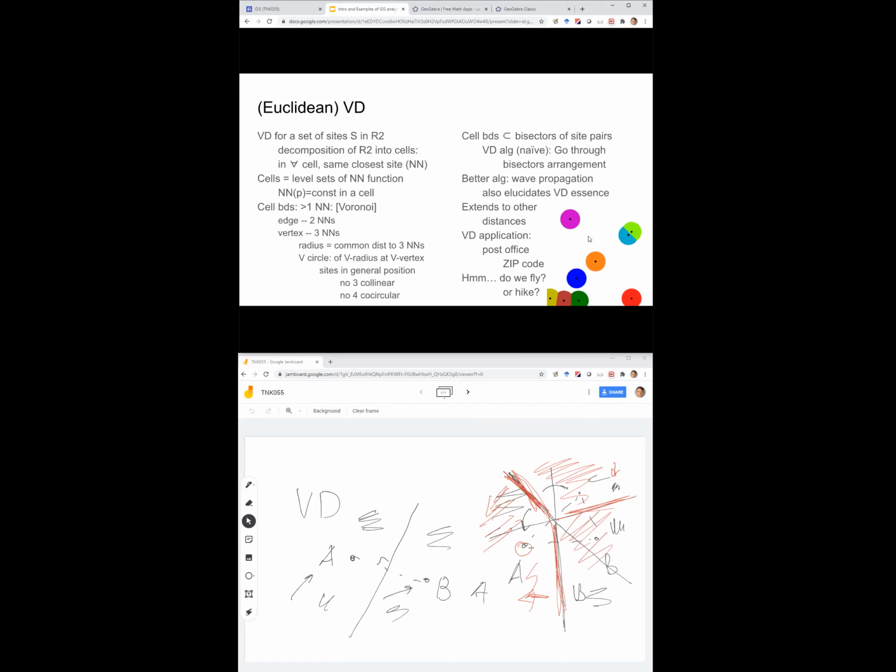So that's the property of Voronoi diagrams. Any point on an edge is equidistant from 2 sides. Any vertex is equidistant from 3. Okay, so that's the definition of the Voronoi diagram. Any questions about it?